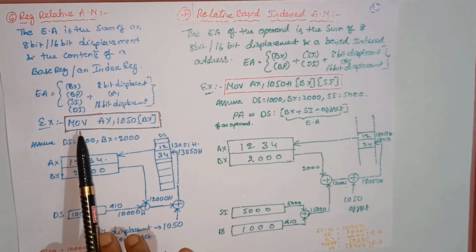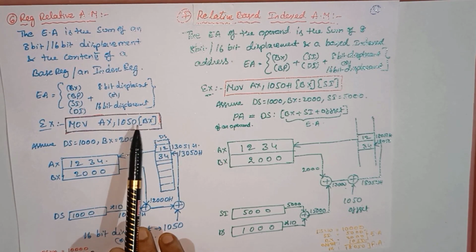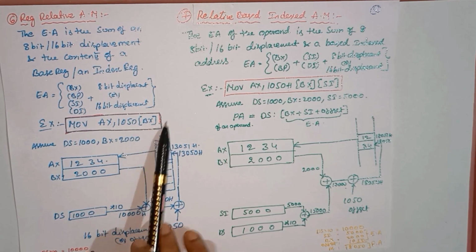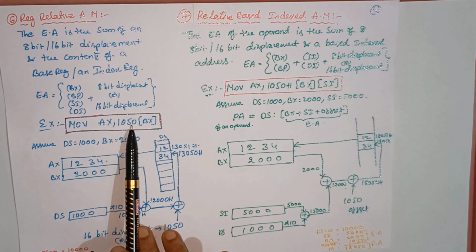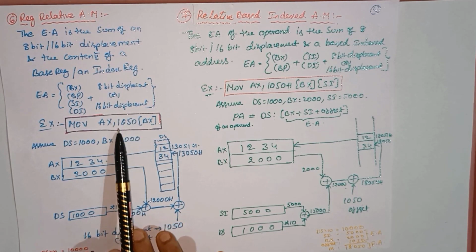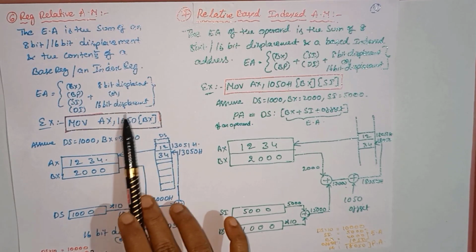So I am using here the example MOV AX, 1050 of BX. 1050 is the relative address, or we can say relative displacement. This may be 8-bit or 16-bit.